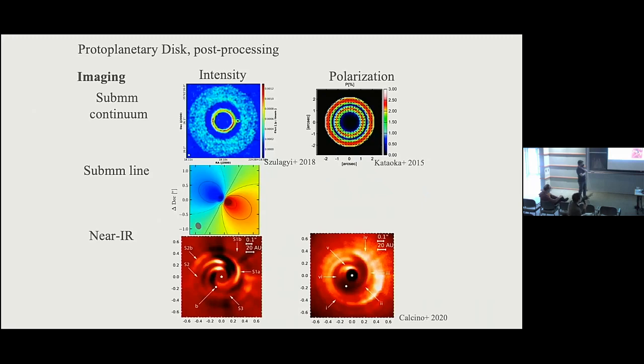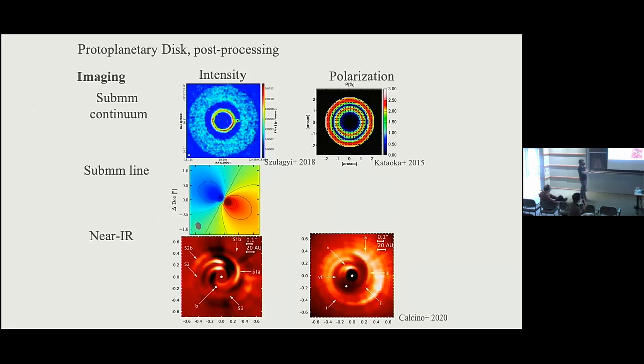The polarization for near-infrared is important because then you could get rid of the central star and highlight this feature. But the caveat is that the features you see in the polarization may not necessarily reflect the full intensity. So if you compare left and right for the bottom panel, you see features in the polarization that are very bright on the right side, but if you look at full intensity, that may not be the case.